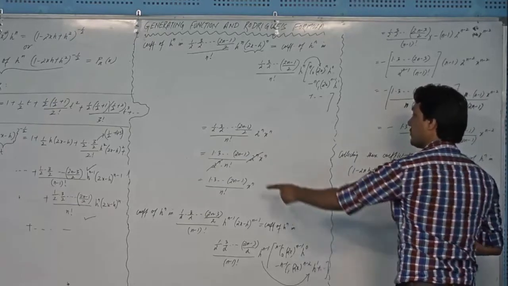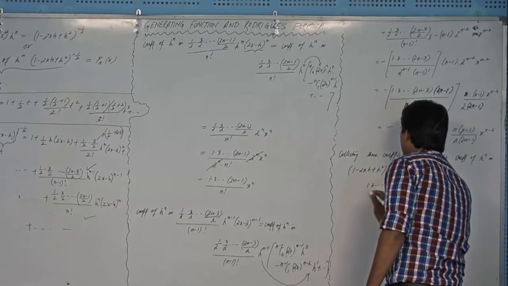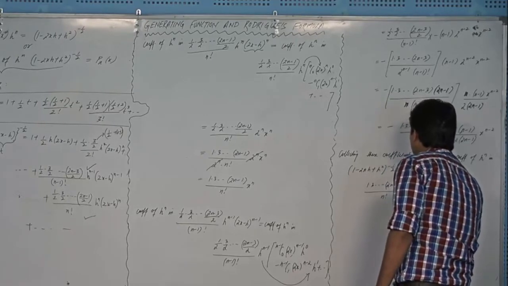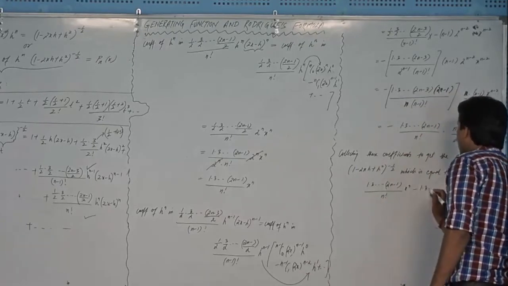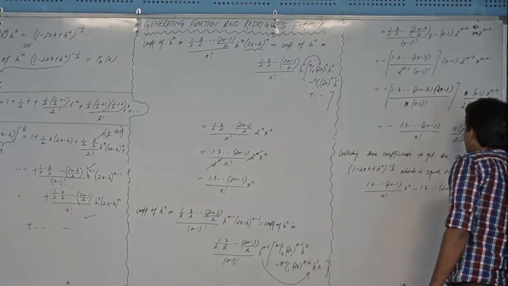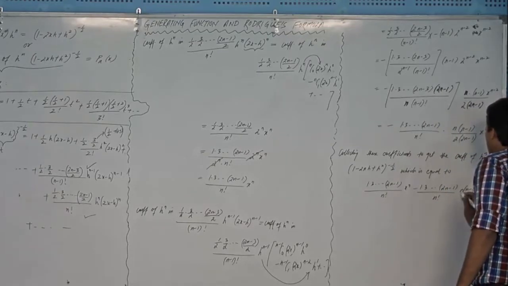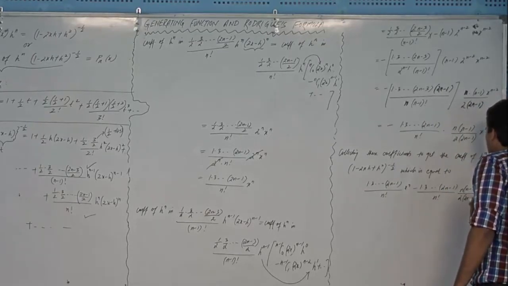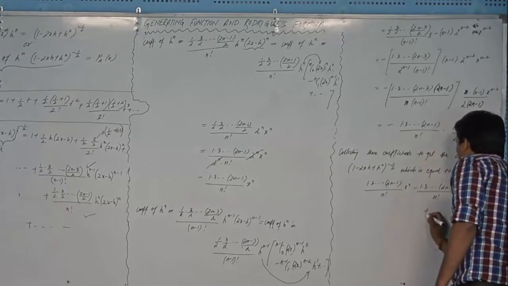Now the first coefficient 1, 3 up to 2n minus 1 divided by n factorial x to the power n. Then the second coefficient 1, 3, up to 2n minus 1 over n factorial, and then n minus 1 over 2 times 2n minus 1, x to the power n minus 2, and so on.